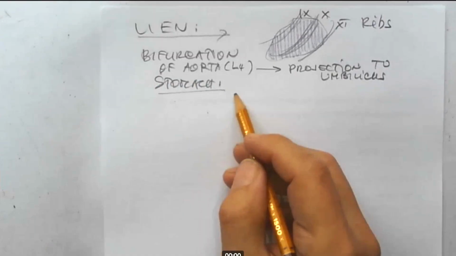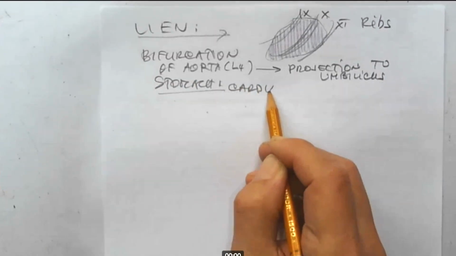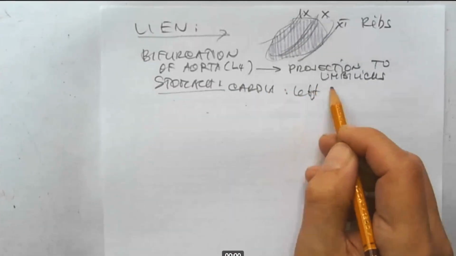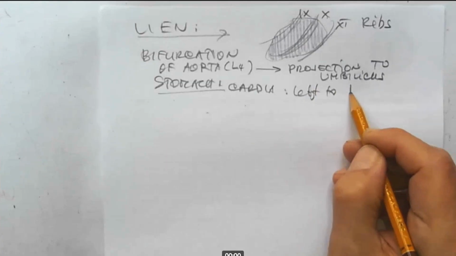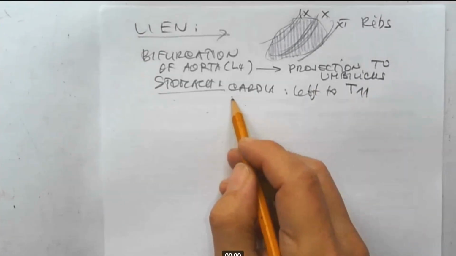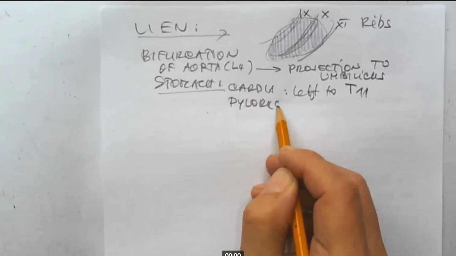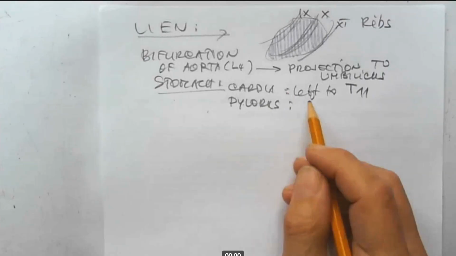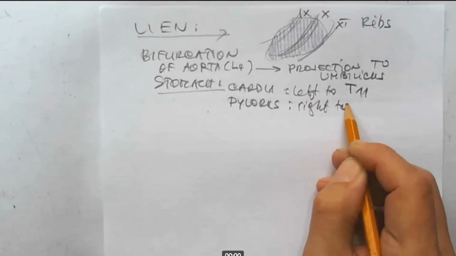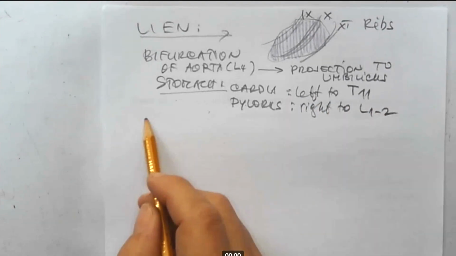Concerning the stomach, in a relatively fixed position lies the cardia, and the cardia is projected left to T11, sorry, and relatively stable is also the pyloric part, the pylorus, which could be right to L1, L2.